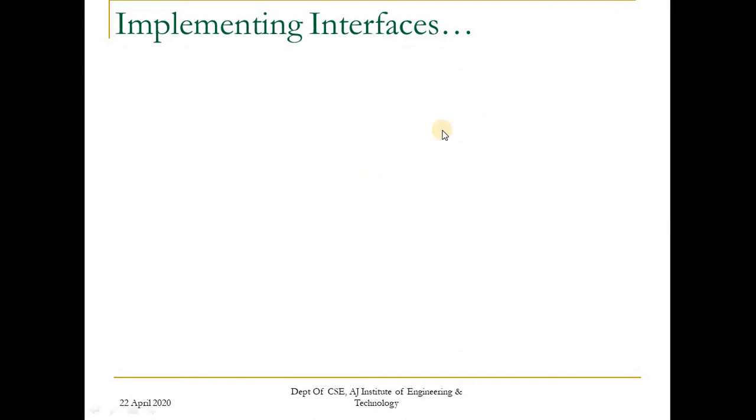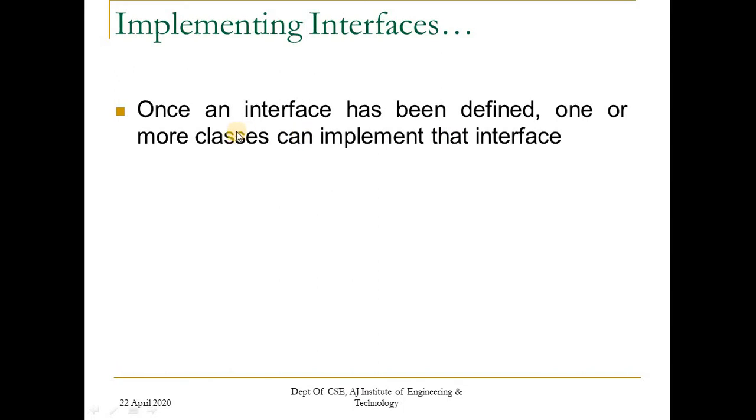Next, implementing an interface. Once an interface has been defined, one or more classes can implement that interface, right? As we have already seen, once we define an interface, two or more classes can implement that interface, and those classes should implement all the methods of that interface.